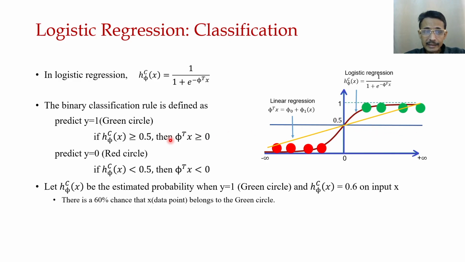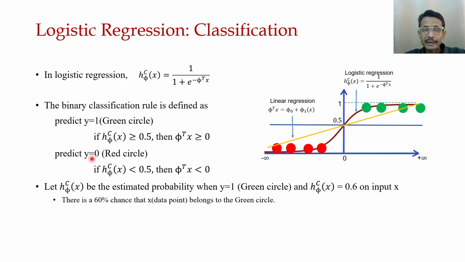What does this mean? The hypothesis function being greater than 0.5 means that theta transpose x is greater than 0, because you see here this is 0, and only then does it go above 0.5. If it is less than 0, then the hypothesis is less than 0.5.